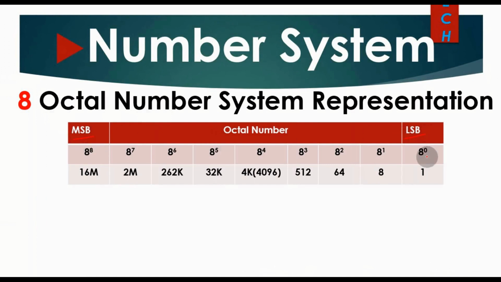This is called the base or multiplier. 8 to the power 0 is 1, 8 to the power 1 is 8, 8 to the power 2 is 64, 8 to the power 3 is 512, 8 to the power 4 is 4096 or 4k, 8 to the power 5 is 32k, 8 to the power 6 is 262k, 8 to the power 7 is 2 million, and 8 to the power 8 is 16 million.